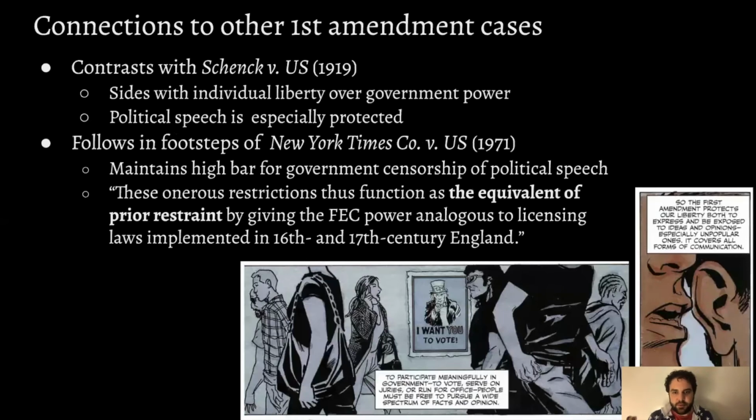So in this case, we see some real stark contrasts with Schenck and some real continuity with the New York Times v. US. When it comes back to Schenck, in this case, the court sided distinctly with individual liberty over governmental power.